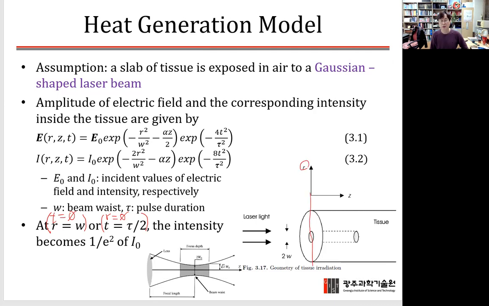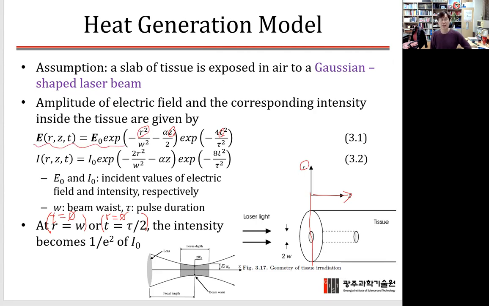The other one is z, which is the depth of the tissue, and then there is the time. So as time goes, as the light travels in the z direction, and depending on the r position, the electric field magnitude can be described.